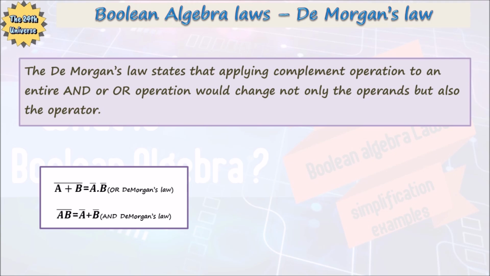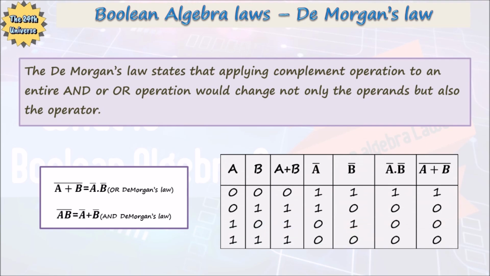Here in OR operation, we can see that the complement of OR of two variables A and B is equal to the AND of the complement of each variable A and B. And in AND operation, the complement of AND of two variables A and B is equal to the OR of the complement of each variable A and B. Using the truth table, we can prove this expression like this.